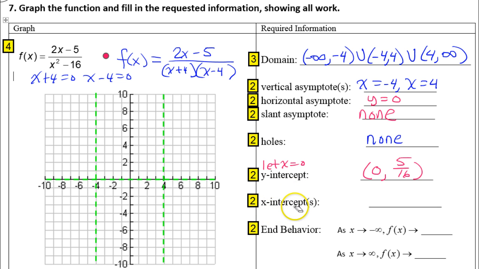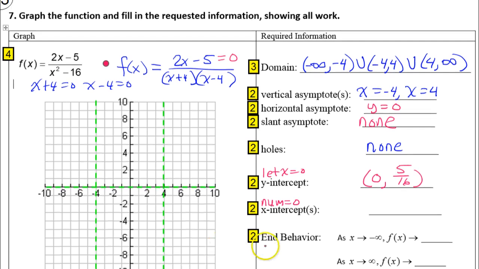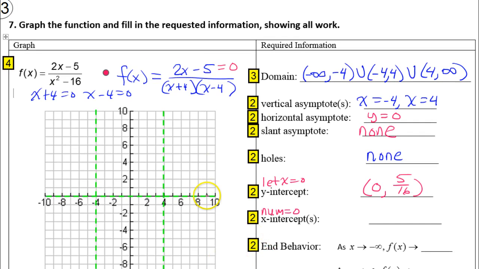Now, x-intercepts. As long as there's no number hanging on the end here, we can find the x-intercept by setting the numerator equal to 0. So in this case, that means setting 2x minus 5 equal to 0. All right, is there any space for me to work this out somewhere? Oh, here we go.